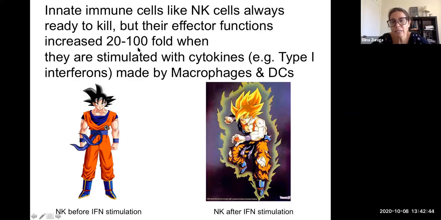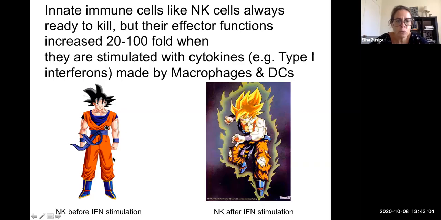And these cytokines are produced by other innate cells like macrophages or dendritic cells, for example. We mentioned how plasmacytoid dendritic cells are the most powerful, producing 100 to 1,000 times more interferon than other cells.